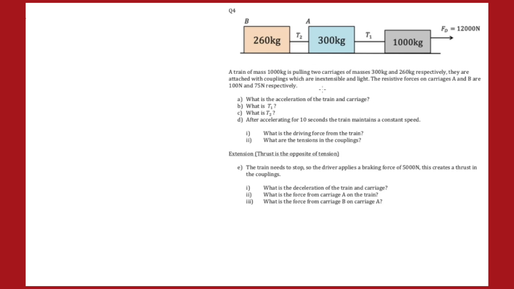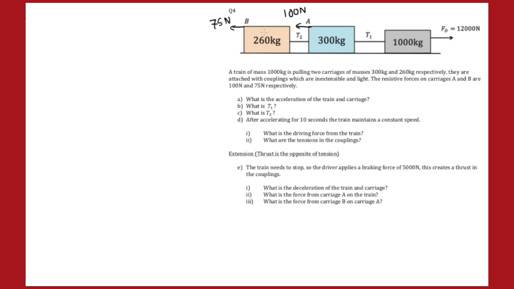As usual, the first thing is to label this diagram up, and then we're going to work out the acceleration. So we know that the resistive force on A is 100 newtons, and the resistive force on B is 75 newtons. Maybe slightly less because it's behind this one, I don't know. But that takes into account air resistance and friction.